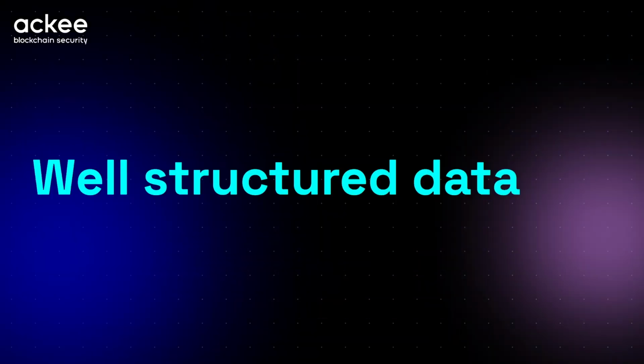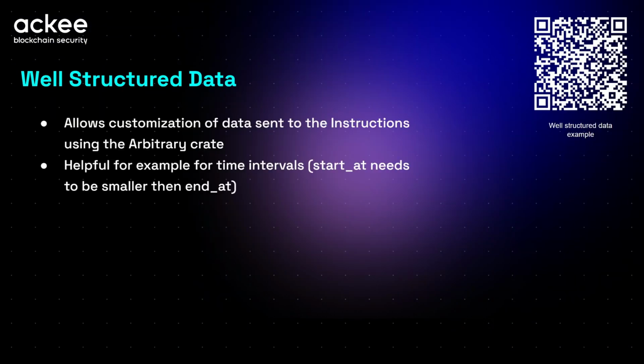Let's continue with the well-structured data. This is again one of the more often used features, which I called well-structured data. In this case, it allows customization of data sent to the instructions using the arbitrary crate.